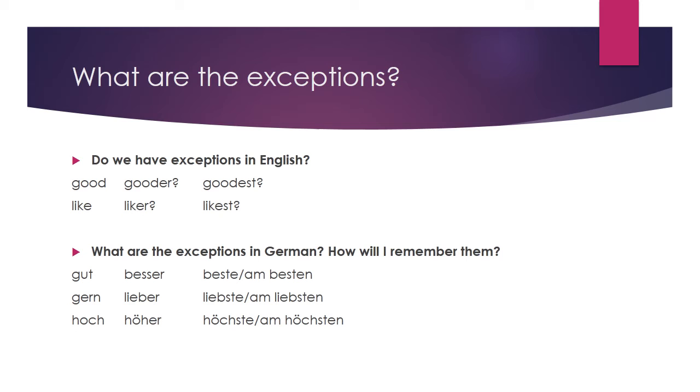And in the comparative, we do follow the rule about adding the umlaut to the O, but we also drop that C and we get höher. And then in the superlative, we throw the C back in, höchste and am höchsten. So just remember that the comparative form of hoch is höher. So that is one of the exceptions.